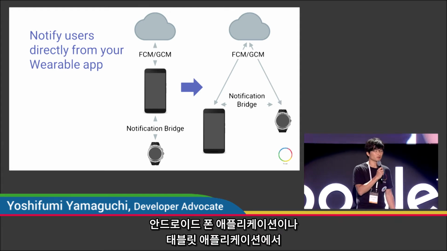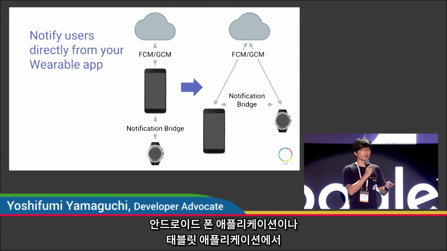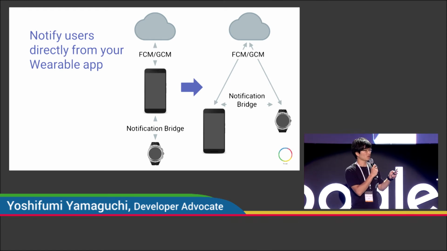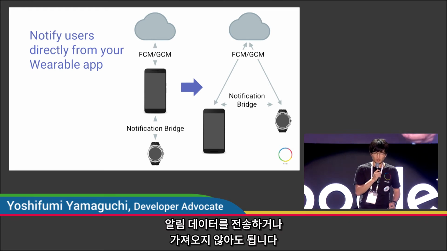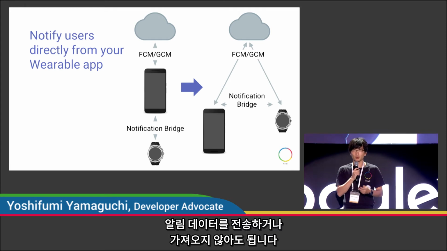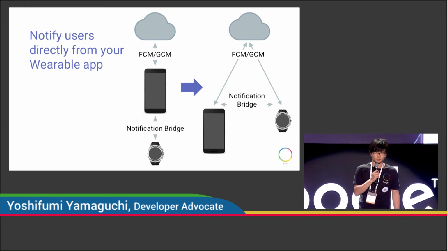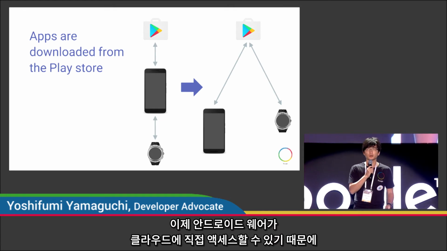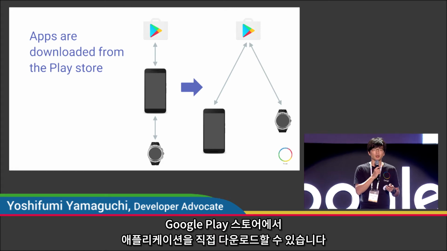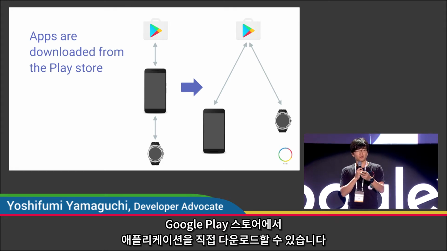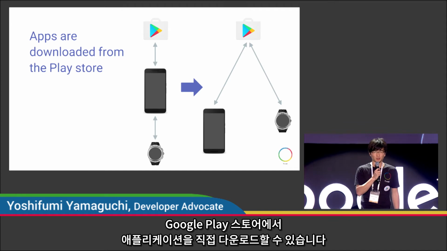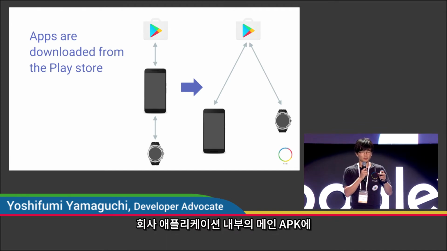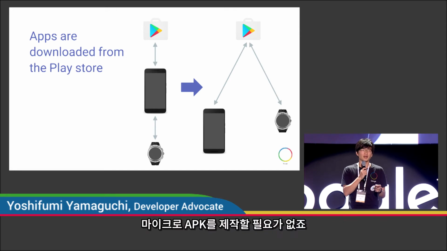So you don't have to send or bridge the notification data from the Android phone application or Android tablet application. And finally, Android Wear can download the Android Wear application directly from the Google Play Store. So you don't have to create a micro APK inside the main APK of the companion application.